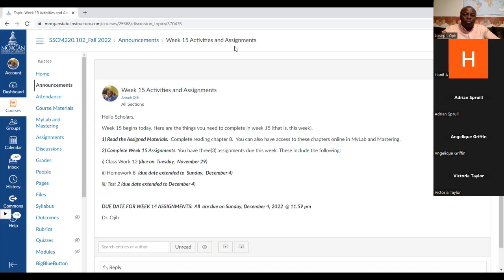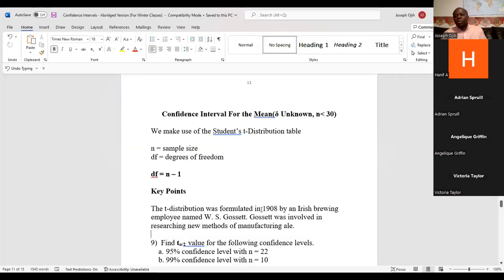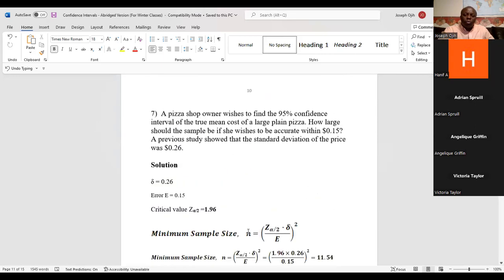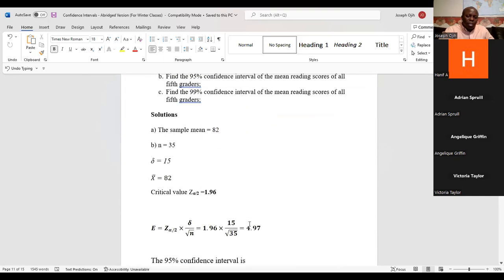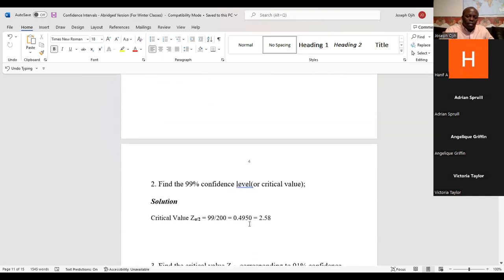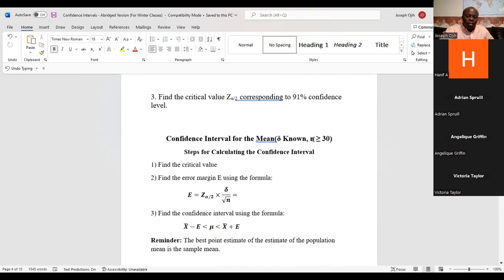Now, let us begin. Last time we met, we started confidence interval for the mean, and I explained what it is, and we solved some examples. The one we did that week was for large sample. We say that a sample is large statistically when it is greater than or equal to 30.